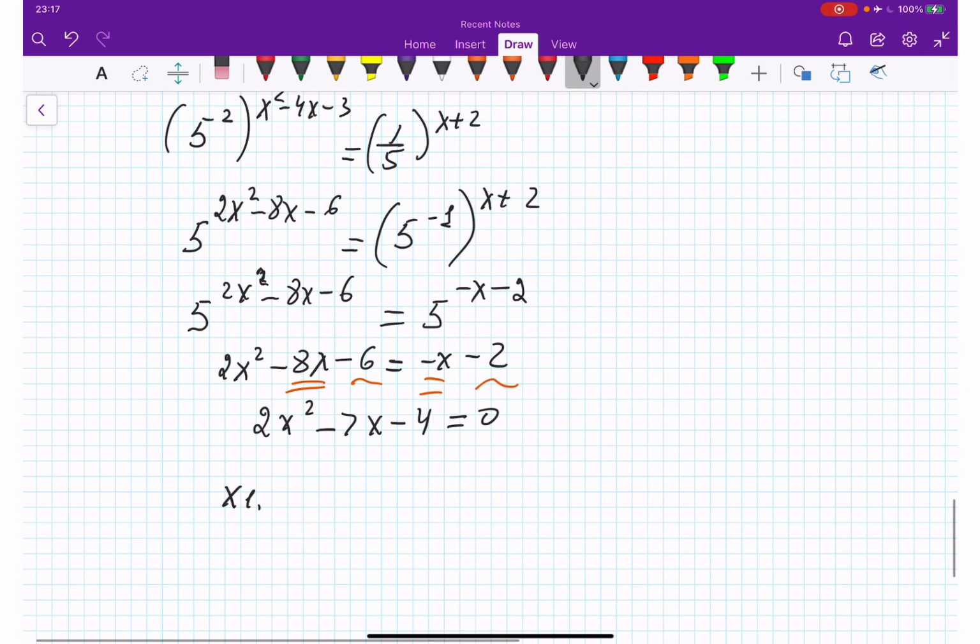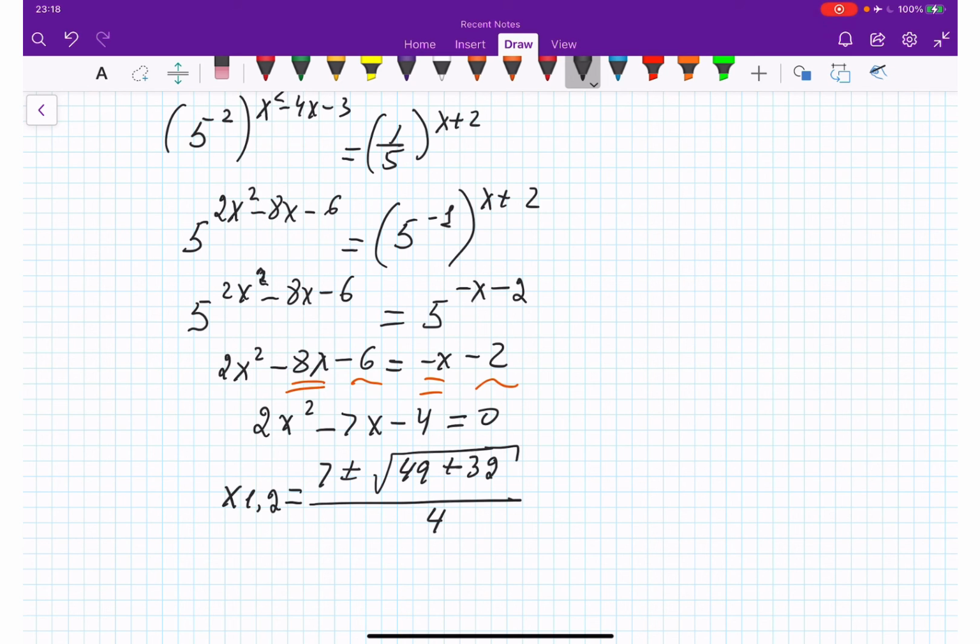And x1,2 is equal 7 plus minus square root of 49 plus 32, divided by 4. This is the formula for discriminant, remember? x1,2 for ax squared plus bx plus c is equal 0. x1,2 is equal negative b plus minus square root of b squared minus 4ac over 2a.